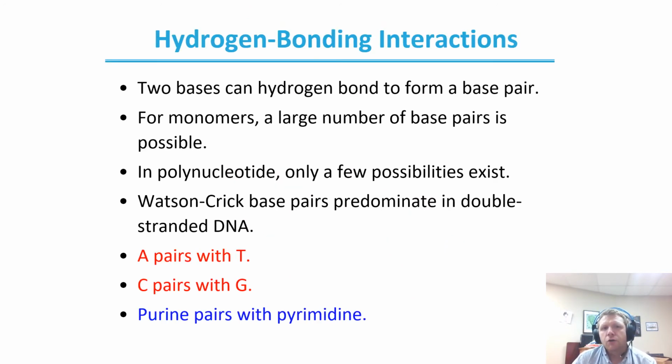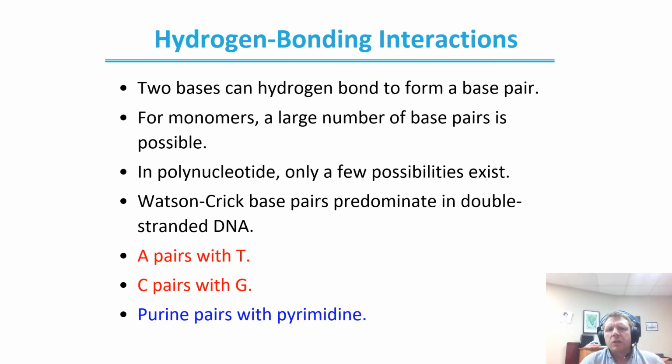So hydrogen bonding takes place between strands of an RNA molecule, where two bases can bond together to form a base pair. Now, for those monomers, a large number of base pairs is possible. But in a polynucleotide, only a few possibilities exist. And that's because you're going to have this spatial limitation that's imposed by that polynucleotide structure.